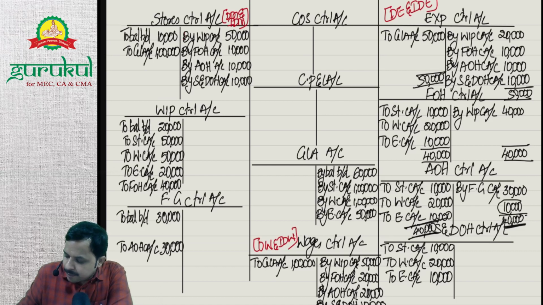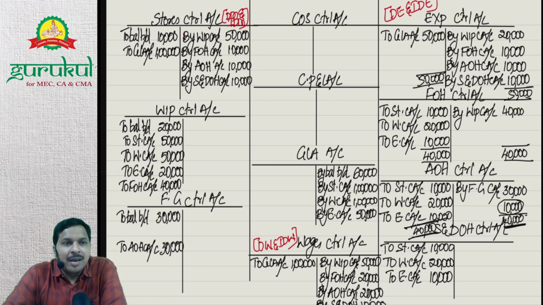Where to transfer it, we can discuss later. First of all, what is the 10,000? Under recovery or over recovery? How many are saying over recovery?